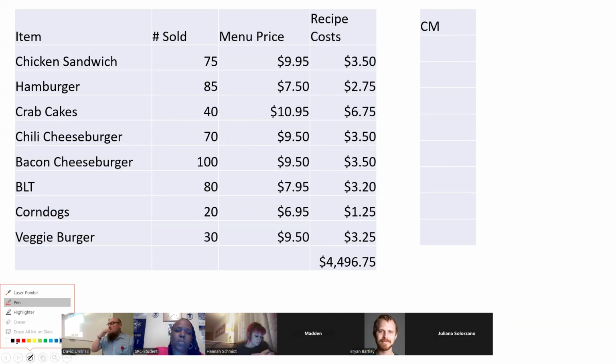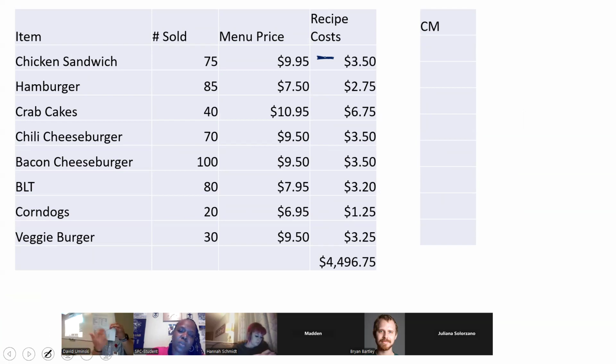To find the individual contribution margin, we're going to subtract the recipe cost from the menu price.